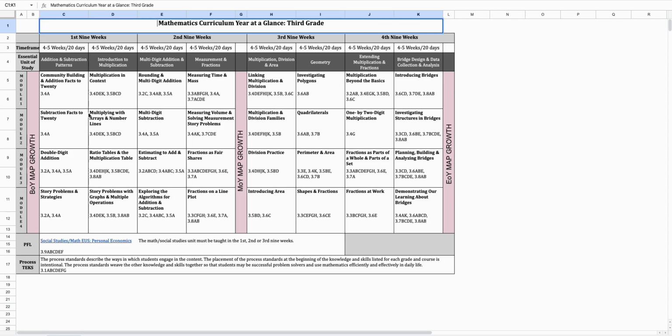Then we do subtractions up to 20, and double digit additions, where we actually start using double digits to do addition. Story problems we'll start doing, and then strategies, like how to use story problems.